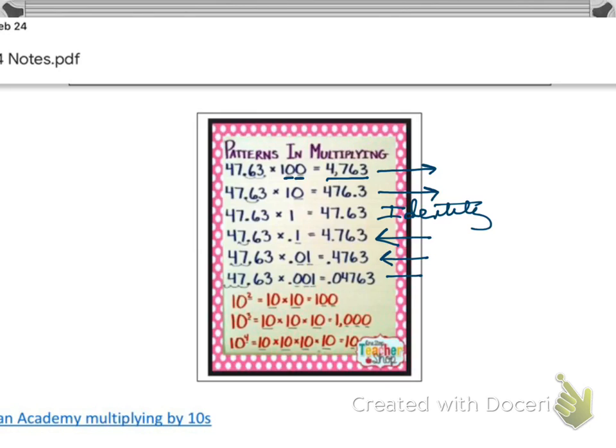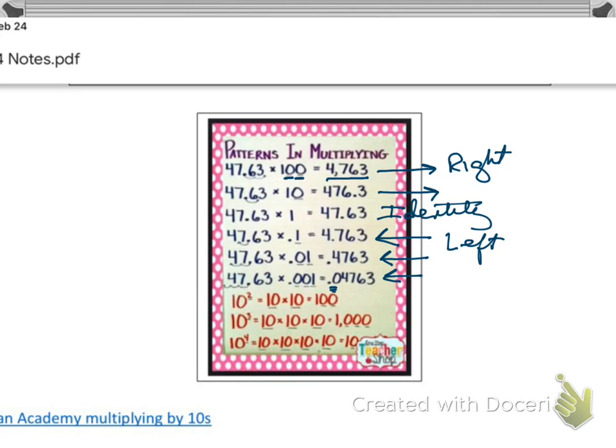And this is 1,000th, and move your decimal 3 to the left. You have to, in this situation, add a holding value so that you can actually move it. So you put the 0 there and then move one more place. Okay, so we had right movement getting bigger with numbers greater than 1. We had left movement getting smaller with numbers that are less than 1.